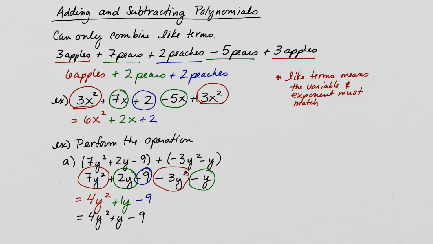We'll do some more examples. What about B: 25m to the fourth minus 23m to the fourth plus 14m. Just like we've done before with numbers, we have to distribute this negative to both of these pieces.